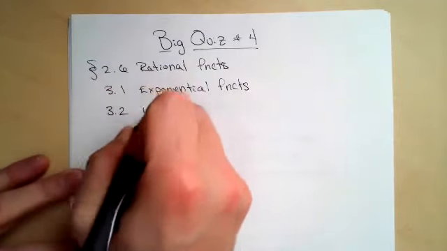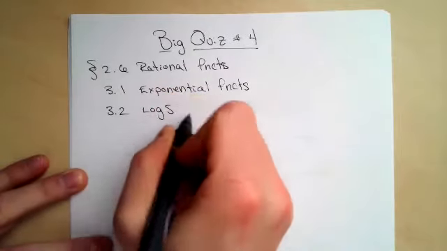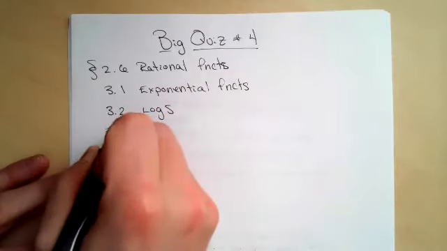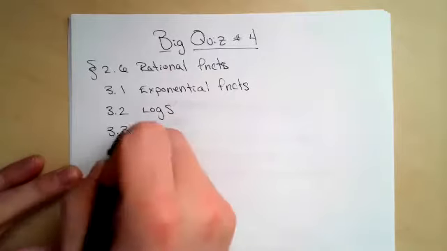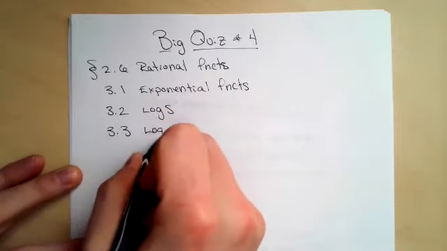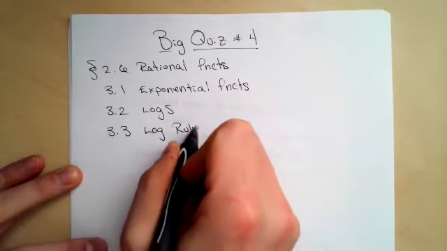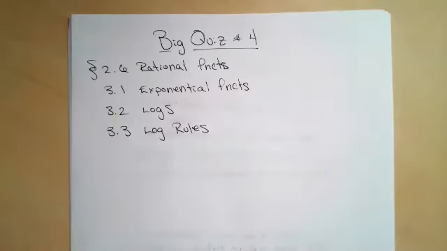Then we started in with logarithms. And then we just ended last week with properties and rules of logs. So those are going to be the 4 sections that are going to be on the big quiz.